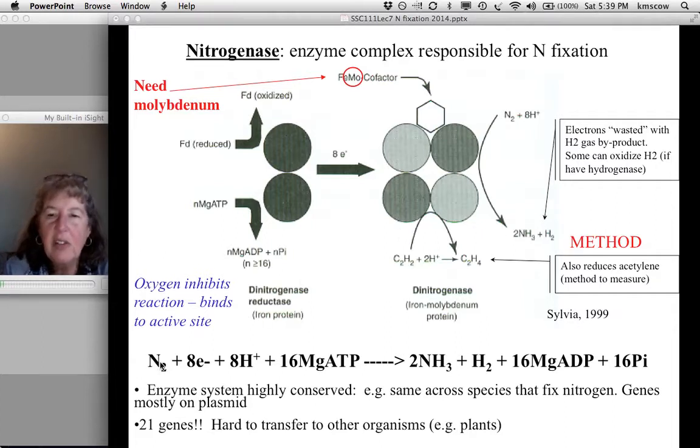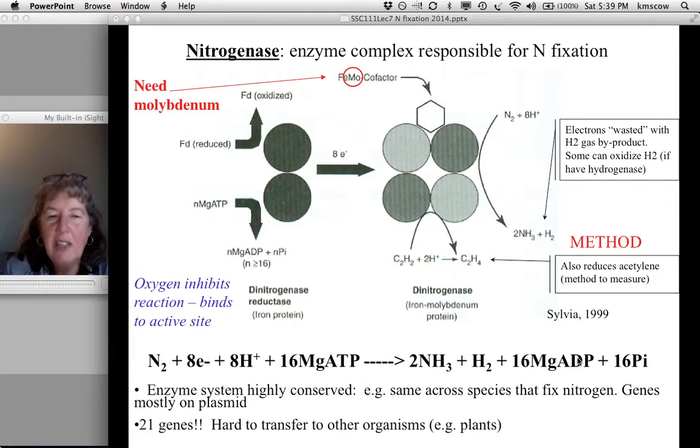So we have nitrogen gas coming in. Electrons are needed coming from the ATP to drive that, and that's shown here. These 16 ATP molecules per 1 N2 that's going to be fixed or converted then to the other side, ammonia, plus some hydrogen gas comes out.